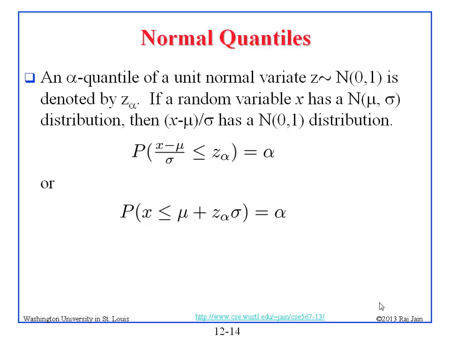And if it is not standard normal, then it also has a quantile, and that quantile is equal to mu plus Z alpha times sigma. So if it is 0 and 1, then it is exactly equal to Z alpha, otherwise it is mu plus Z alpha sigma.